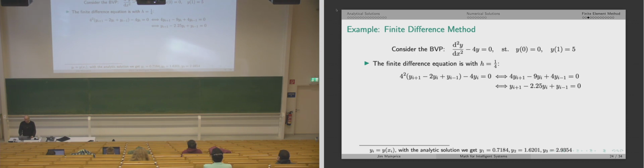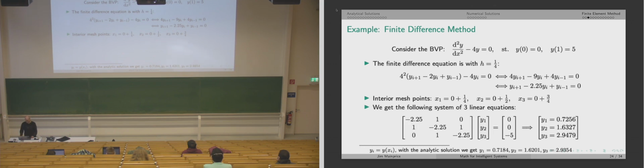That gives us the following equation, which links the dependent variables to themselves at these different mesh points. So we consider only 3 interior mesh points, and that gives us the following linear system of equations, which basically ties the dependent variables to something we will see is called the stiffness matrix, and this is the boundary conditions that we have here, right?